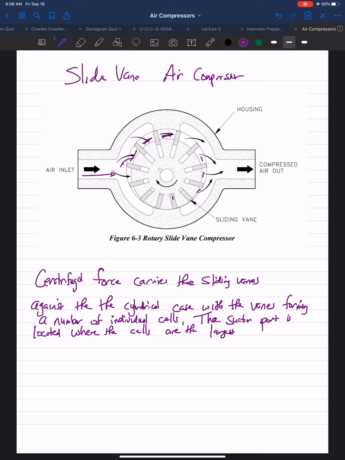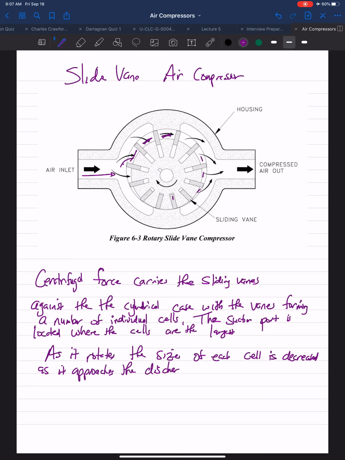As we said, the cells are pretty large here where the air enters. As it rotates, the size of each cell is decreased as it approaches the discharge port, thus compressing the air.